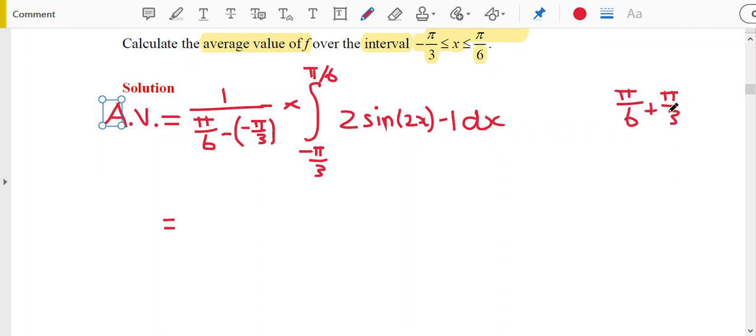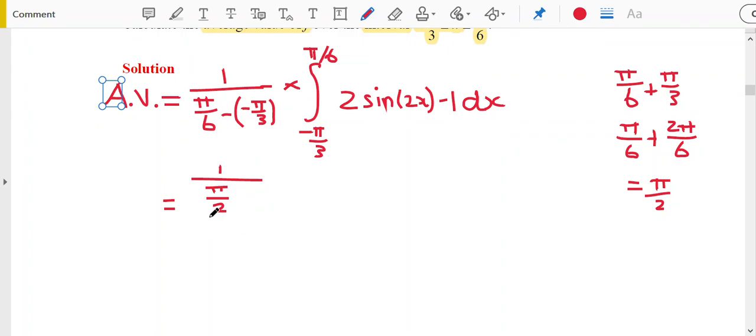We can get a common denominator of 6, which is pi over 6 plus 2 pi over 6, which is 3 pi over 6, which is pi over 2, simplified. So this becomes 1 divided by pi over 2, which then becomes 2 over pi once we simplify that.